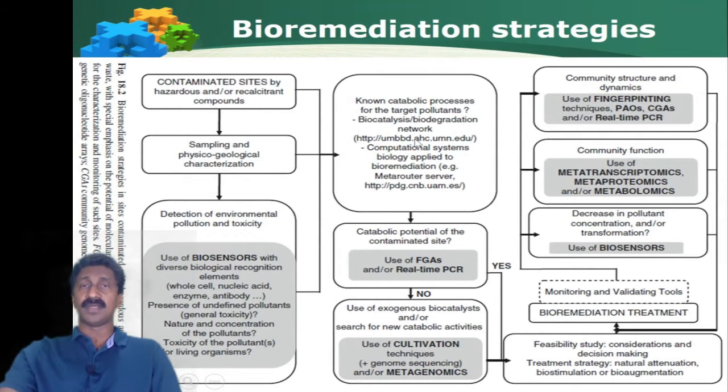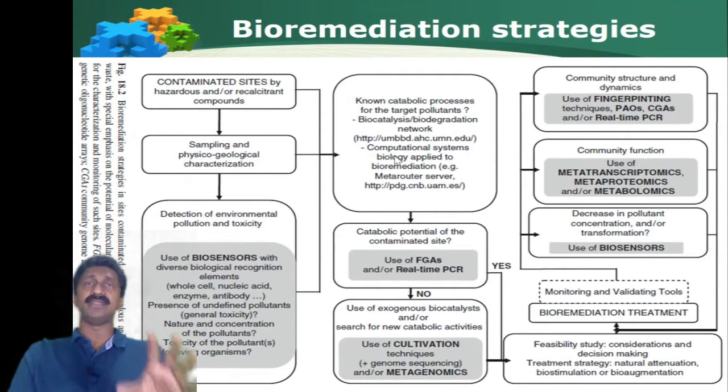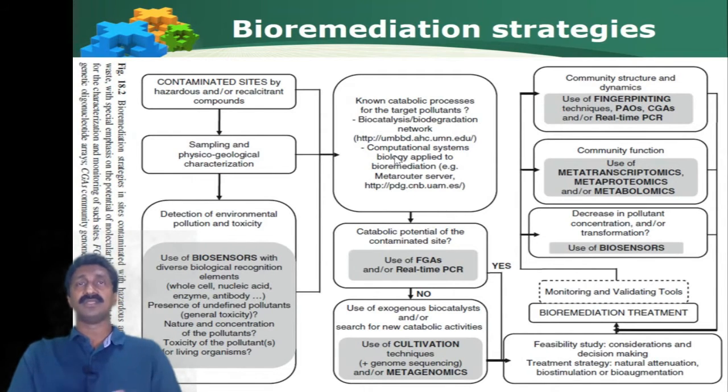Then computational biology or systems biology approaches which are used for such bioremediation, if any, for the pollutants, can be adopted. So that is the existing knowledge about the degradation pathways. And if you have already identified catabolic pathways, then you can employ that.